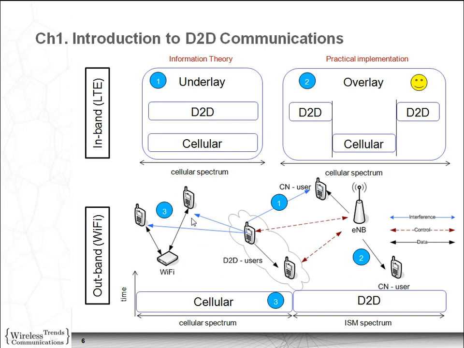So the problem here is that we can interfere with devices that are operating in the Wi-Fi spectrum, and we can also receive interference from them. So this is a way more challenging scenario, but still something that the book is presenting as a possibility in the future.